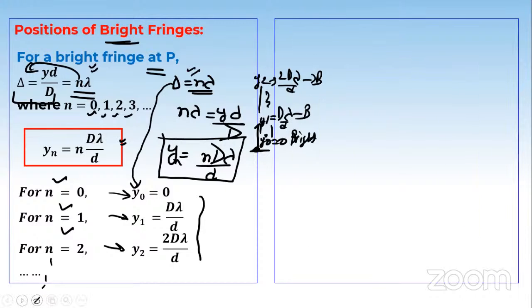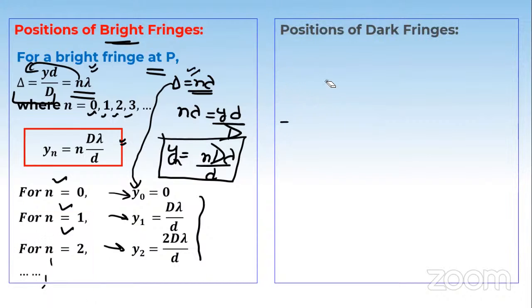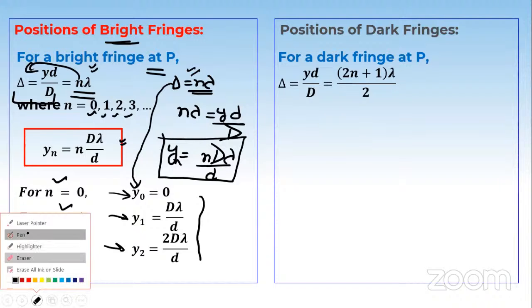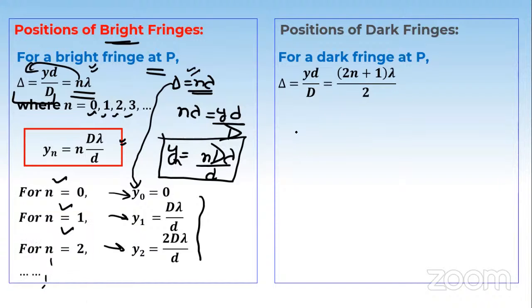If we see the next positions of dark bands, similarly we'll use the path difference equals (2n+1) lambda by 2 and compare it with the equation we have just found, that is y d upon D. So the path difference we have here equals y d upon D, and this is compared to (2n+1) lambda by 2.